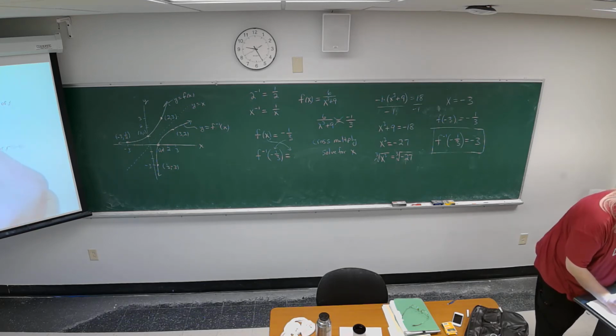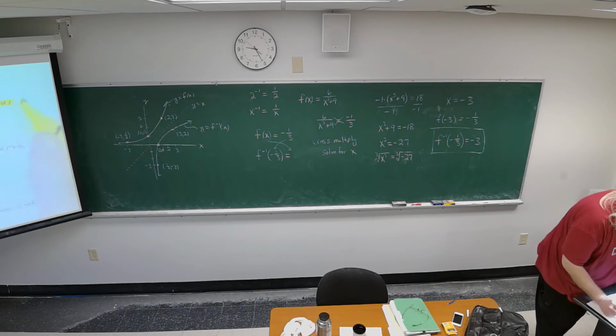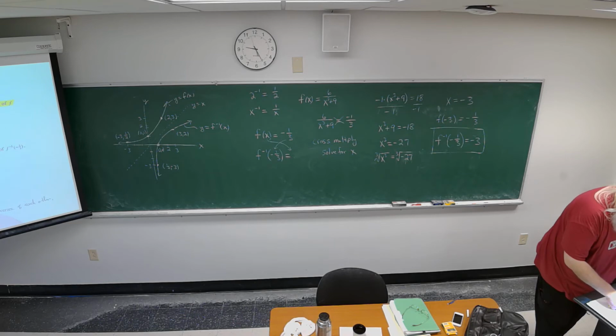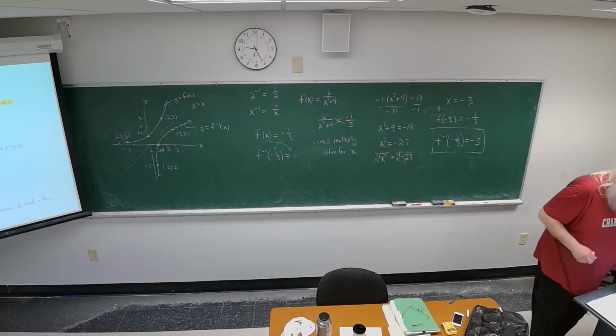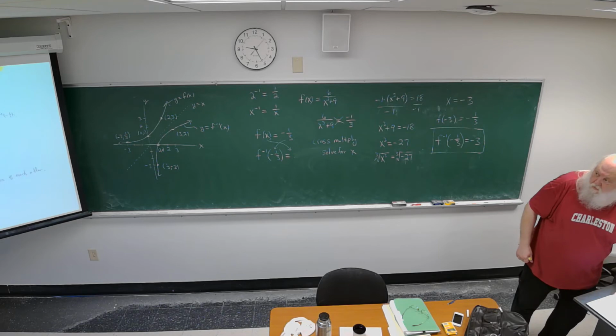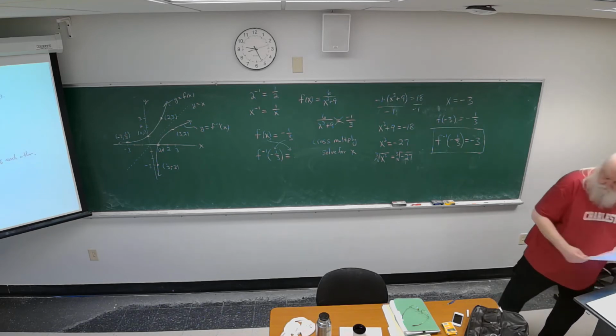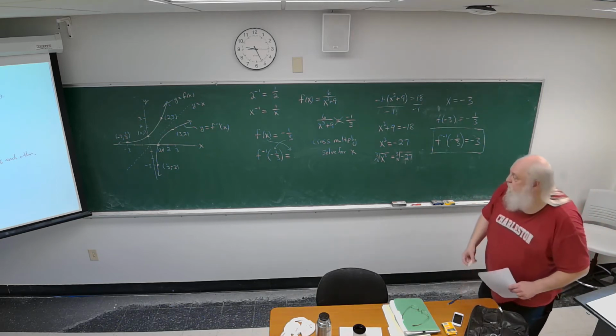To verify f inverse is the inverse of f, show that the composite of f inverse with f as a function of x is just equal to x. And then you have to show the composite in the other direction: the composite of f with its inverse as a function of x is equal to x. So we have to do two composites to verify that f of x and g of x are inverses of each other.